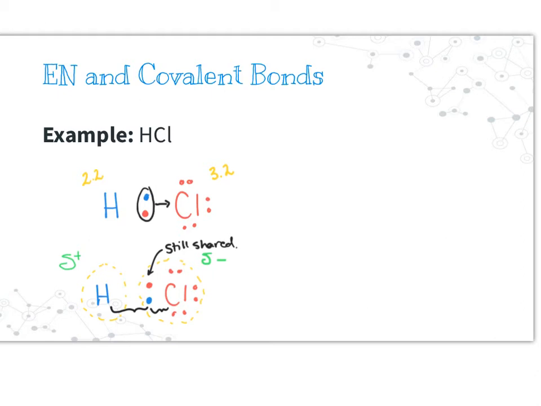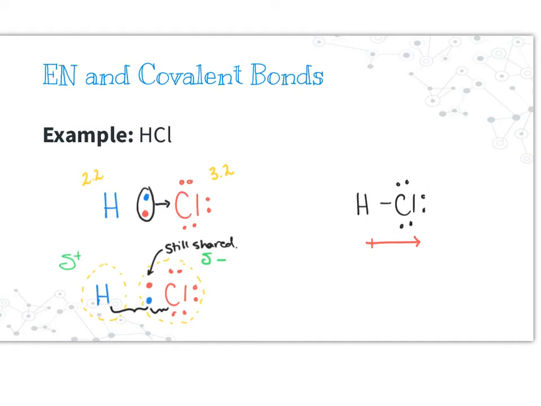So we can draw this one other way. We can draw H to Cl. And again, you could put in your partial positives or partial negatives, but you can also draw a bond polarity arrow. The arrow just shows which way the electrons have moved within this shared bond. Remember, the line represents two shared electrons.